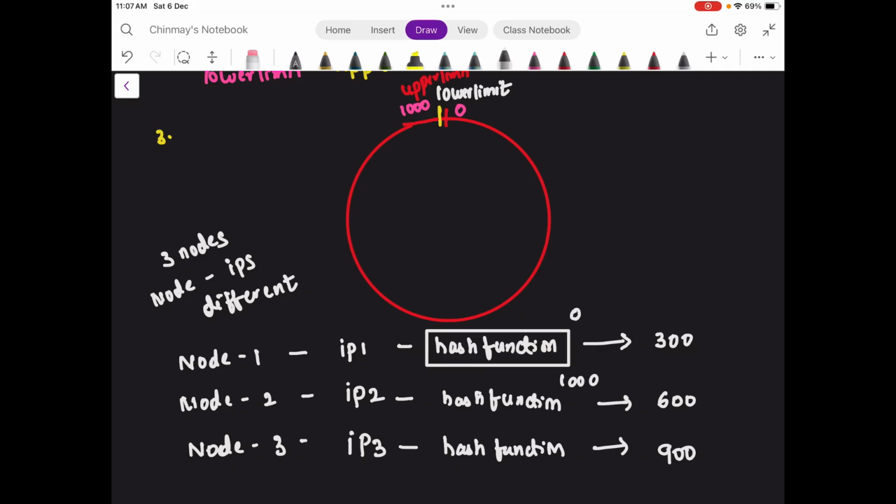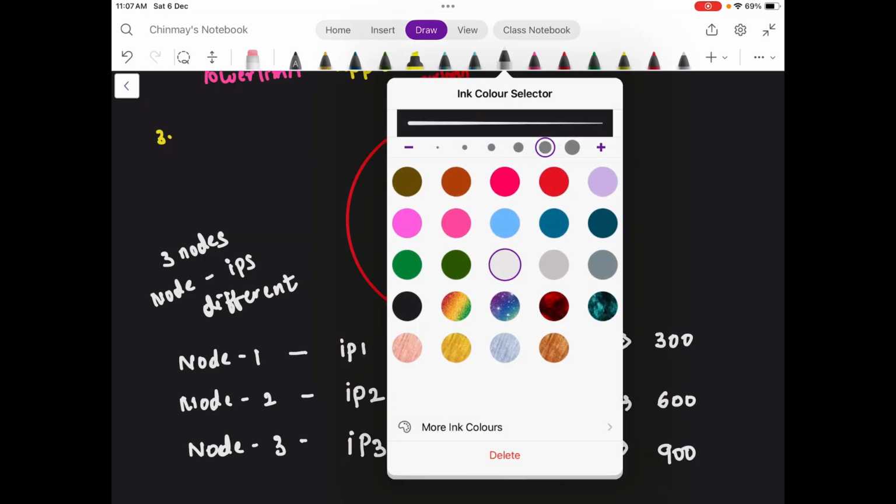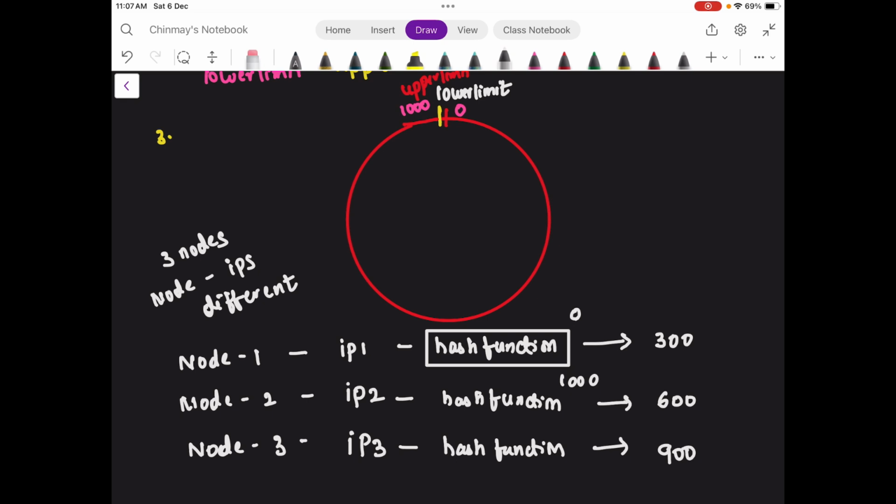Based upon the hash values, these nodes will be distributed in the ring. For 300, node 1 will be placed here. For 600, node 2 will be placed in the ring. For 900, node 3 will be placed here.